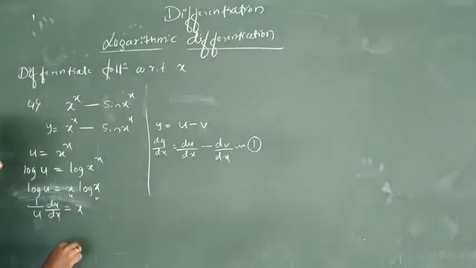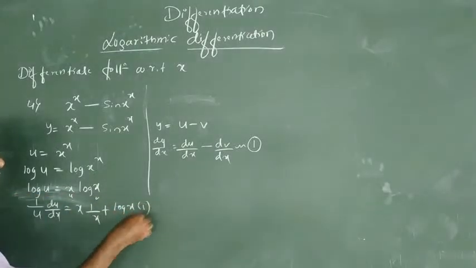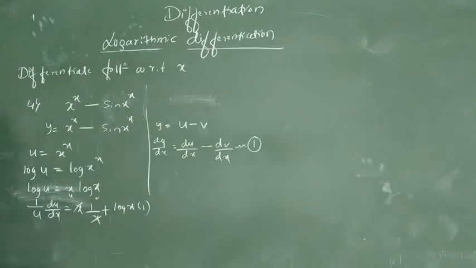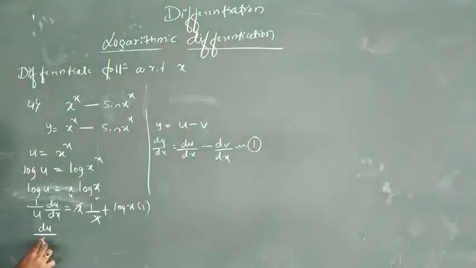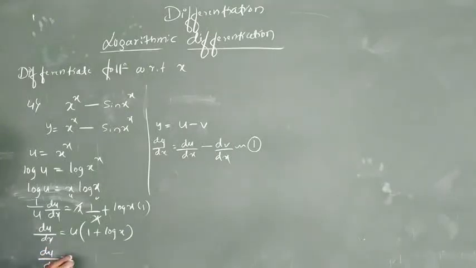Keep x as it is, log x differentiation is 1 by x, plus log x as it is, the differentiation of x is 1. This x will get cancelled. Then take u to the RHS, u into bracket 1 plus log of x. Then du by dx is, u is nothing but x raised to x, 1 plus log of x.